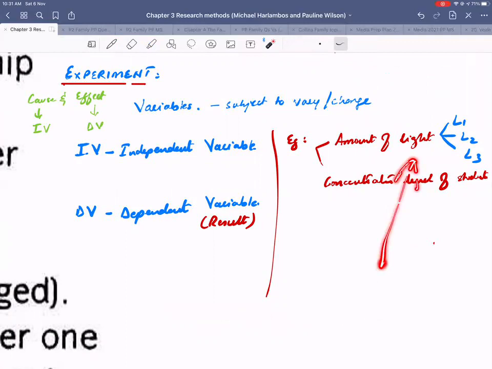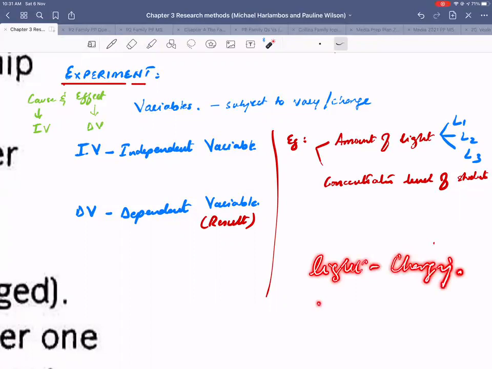So don't you think all the other factors besides light, I mean, light would be one variable that I would be changing, but all the other variables besides light, for instance, the temperature of the classroom, the chairs that you all are sitting on, even they could affect your concentration, right? We could talk about any other factor, right? There are so many other factors that could affect your concentration.